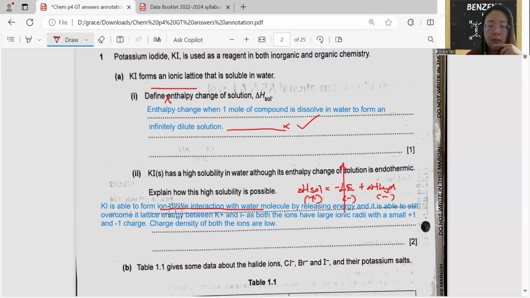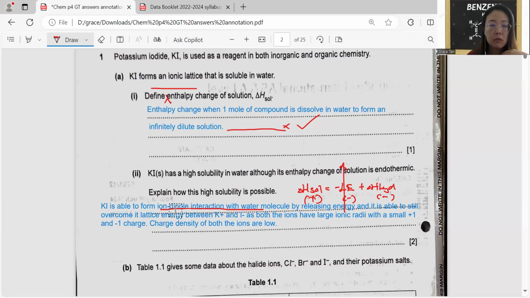So I did say that it is still able to overcome the lattice energy between the K+ and I-, even though the lattice energy magnitude will be quite big, but still able to overcome because they have large ionic radii with small positive and negative one charge. So they are actually having a low charge density for K+ and I-.